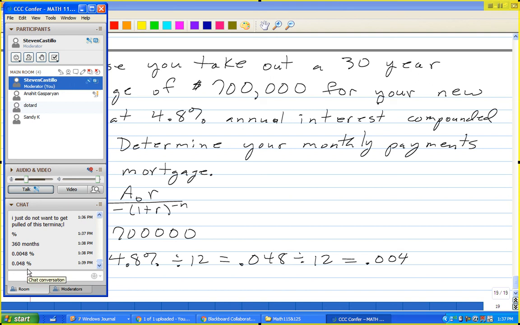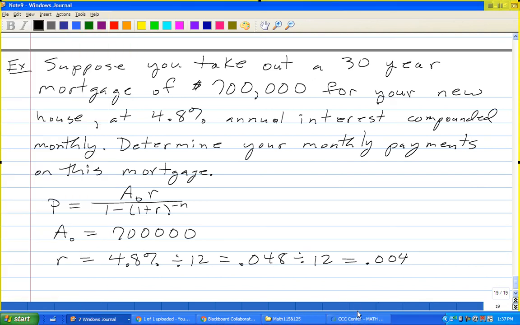So 4.8% is 0.048. Divide that by 12, and you get 0.004. And 30 years, there are 12 months per year, so 360 months.